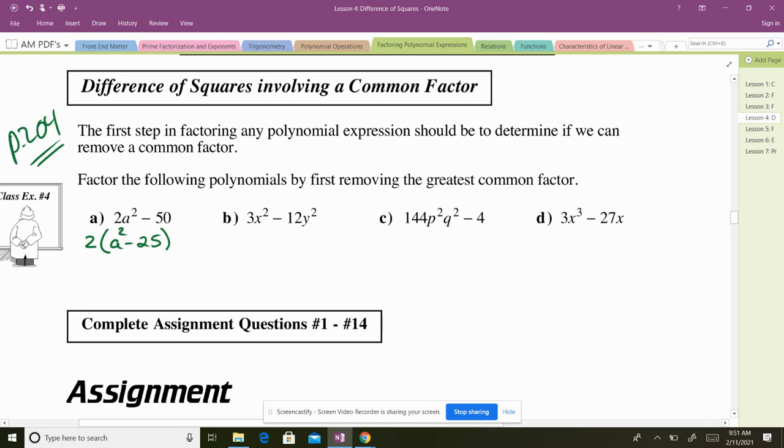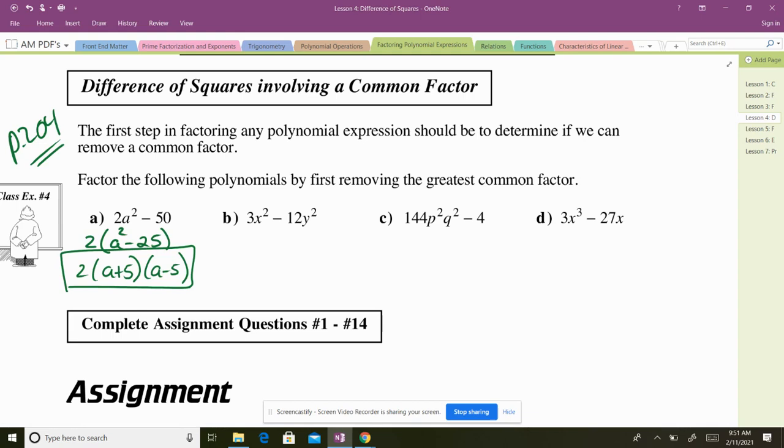Now, is that a difference of squares inside the brackets? Yes, because you can square root a and you can square root 25. So what does it become? a plus 5, a minus 5. And the 2 just sits out in front. So first thing is always look to see if you can take out a common factor.